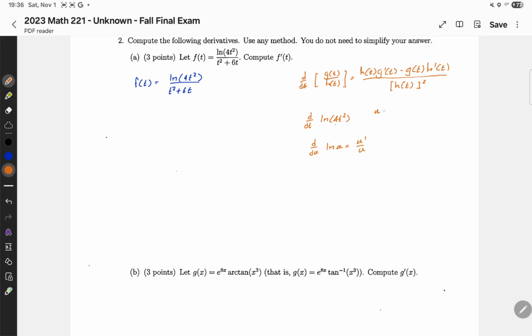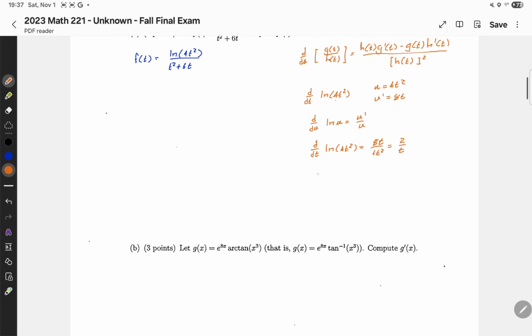So in this case, we can let u be equal to 4t squared. U prime is going to just be 8t. And this tells us that the derivative with respect to t of natural log 4t squared is going to be equal to 8t over 4t squared, which is just equal to 2 over t. Nice and easy.